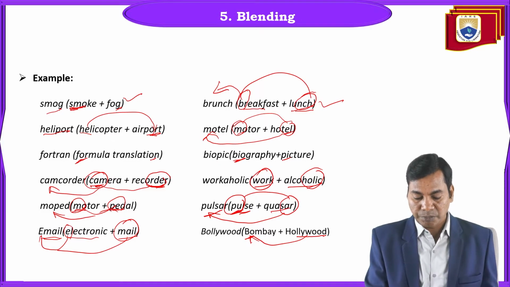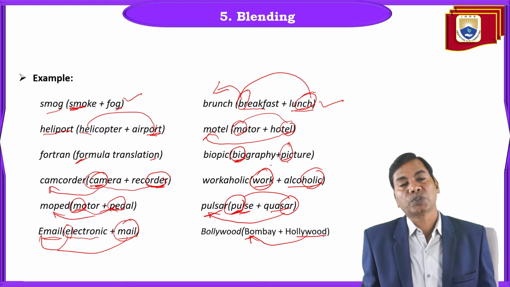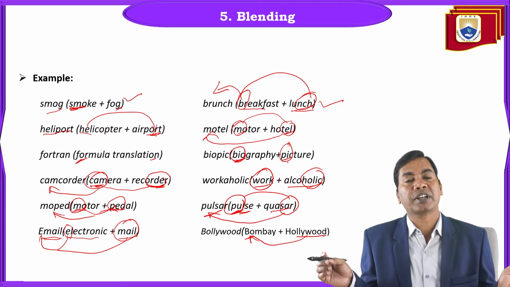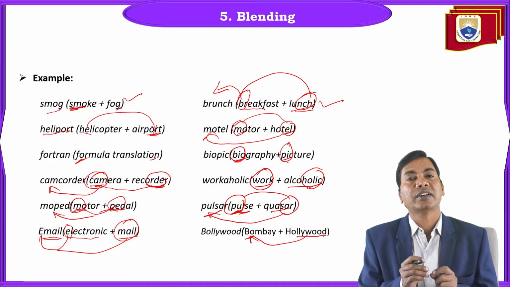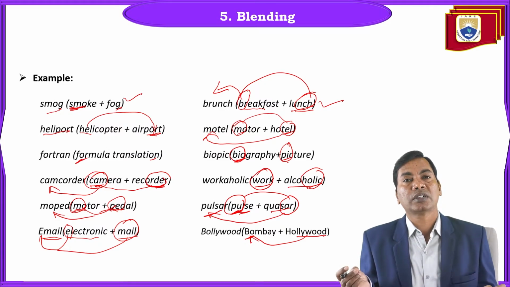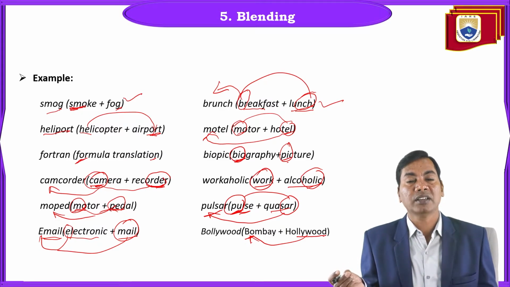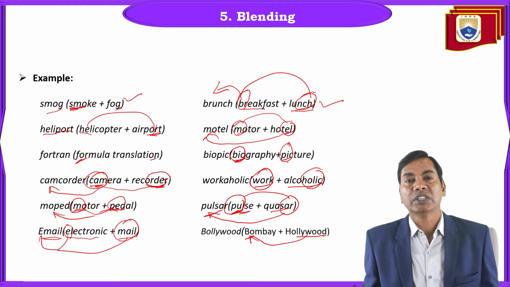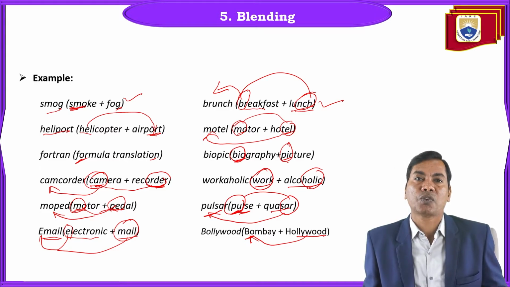Here I have taken the initial part of both words, bio and pick, right? So you may take the initial part of one word and the ending part of another word to create a new word under the process of blending, or you can take the initial part from both words to create new words. This is what is called the fifth process of blending, right?